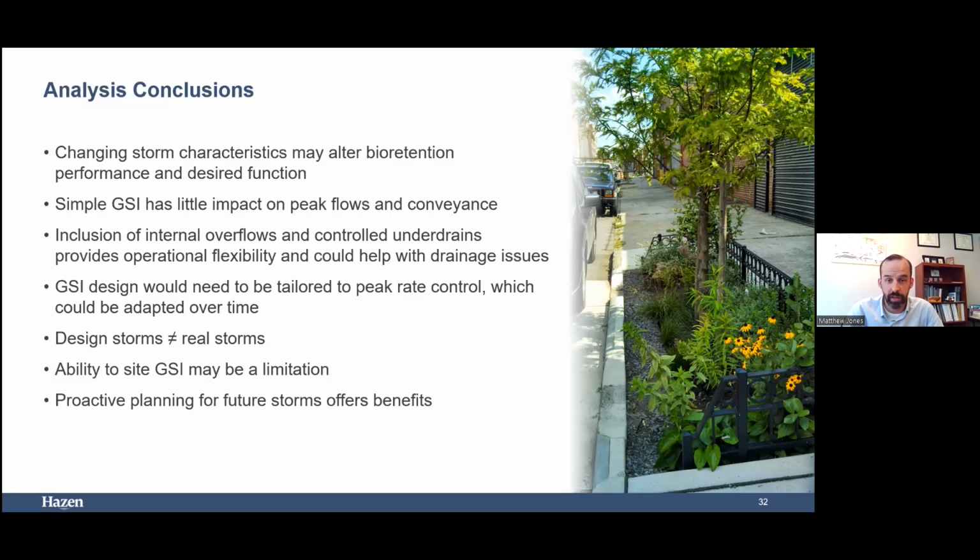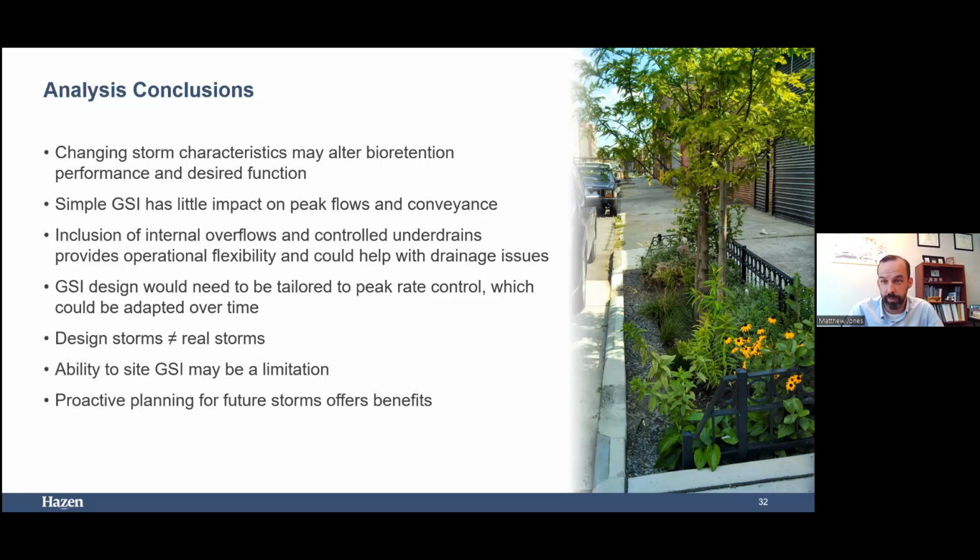It's worth noting in the context of this exercise, and this is an important point, this is looking at your typical NRCS design storms. Real storms don't necessarily match that, so you're going to see some different performance when you look across a wide range of real storms. When we talk about the role of green infrastructure in mitigating drainage issues, the ability to site green infrastructure is a key element.